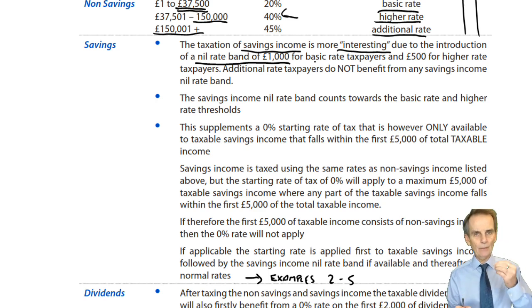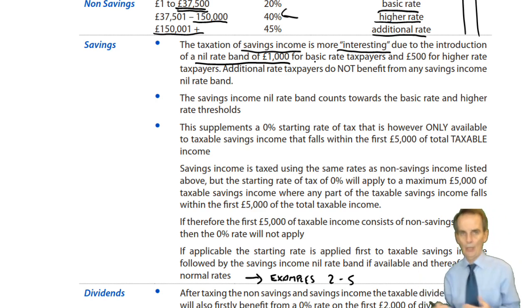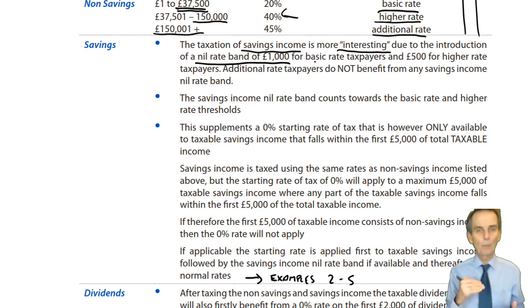It is a rate of tax to be included within your income tax computation. As part of your tax liability, you show this. It will use up, as we'll see, a part of your basic rate band before moving towards higher rate. You must put it into your tax calculation, albeit it is at a nil rate.